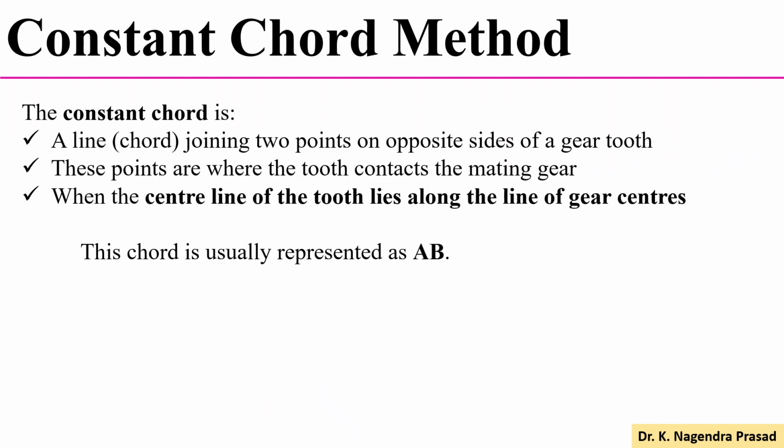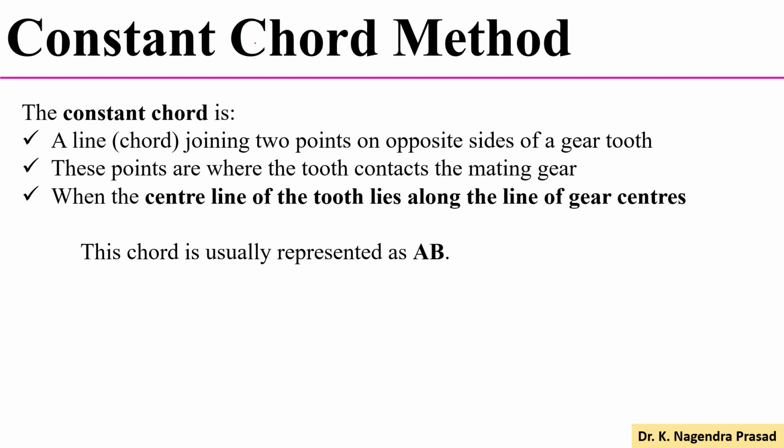Let's see what the constant chord is. The constant chord is a line joining two points on opposite sides of a gear tooth. These points are where the tooth contacts the mating gear, when the center line of the tooth lies along the line of gear centers.